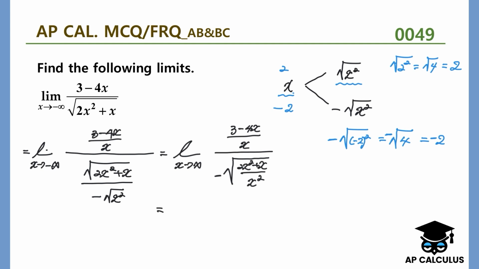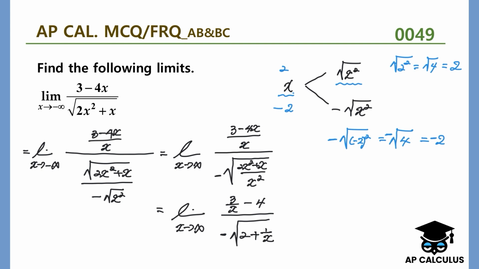So that is equal to the limit as x approaches negative infinity of 3 over x minus 4x over x, that's minus 4, with a negative square root of 2x squared over x squared, right? 2x squared over x squared, that's 2, plus x over x squared, that's going to be plus 1 over x, right?